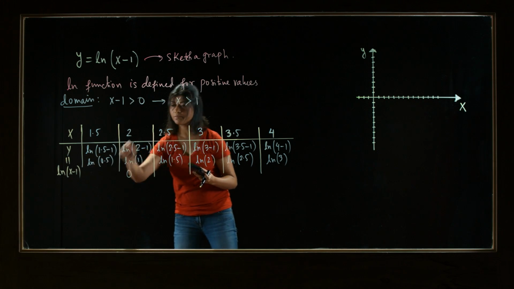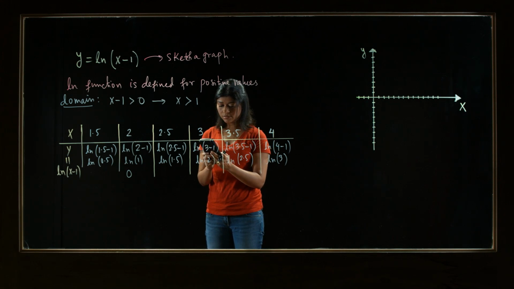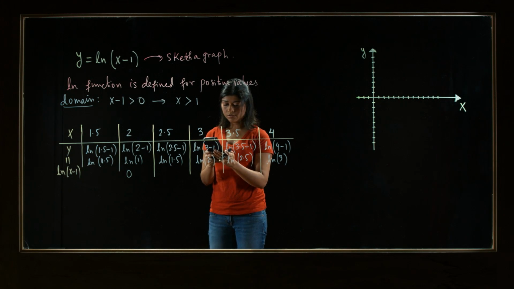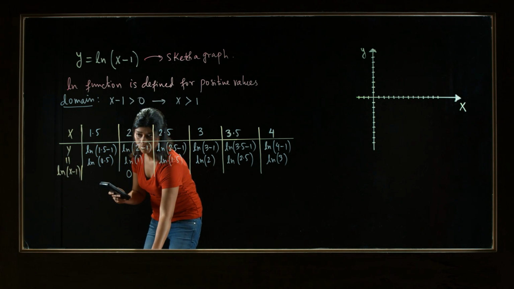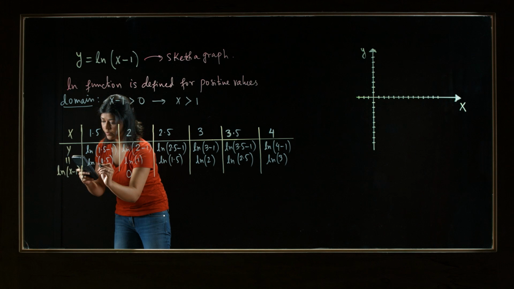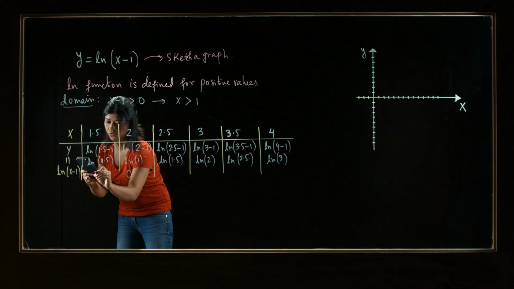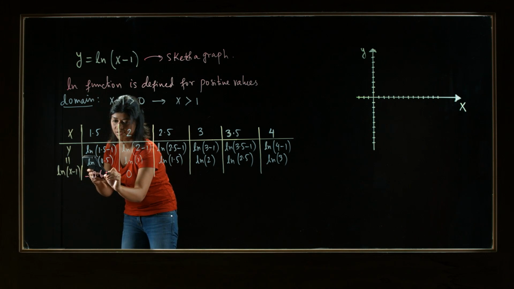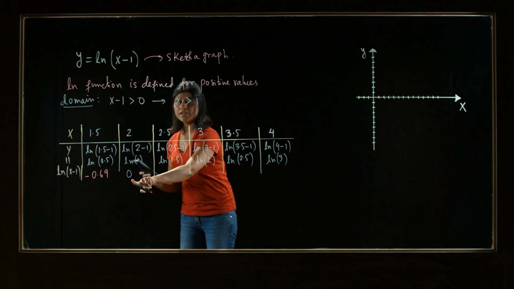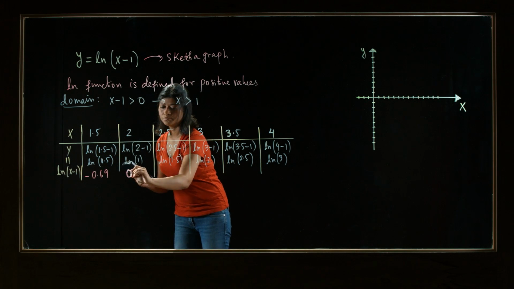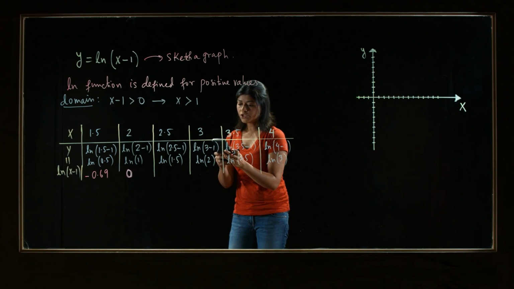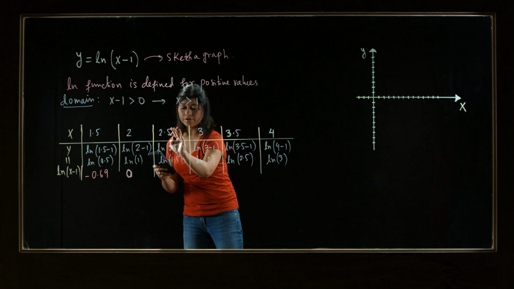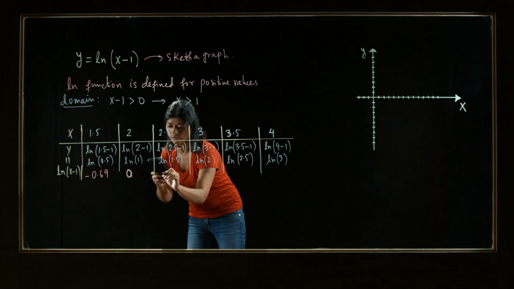Look at this bottom number and plug in 0.5 for natural log, and you get approximately negative 0.69. The second value we already know is 0. Okay, for the third, you plug in natural log of 1.5, not the 2.5, remember. So the value is 0.41.